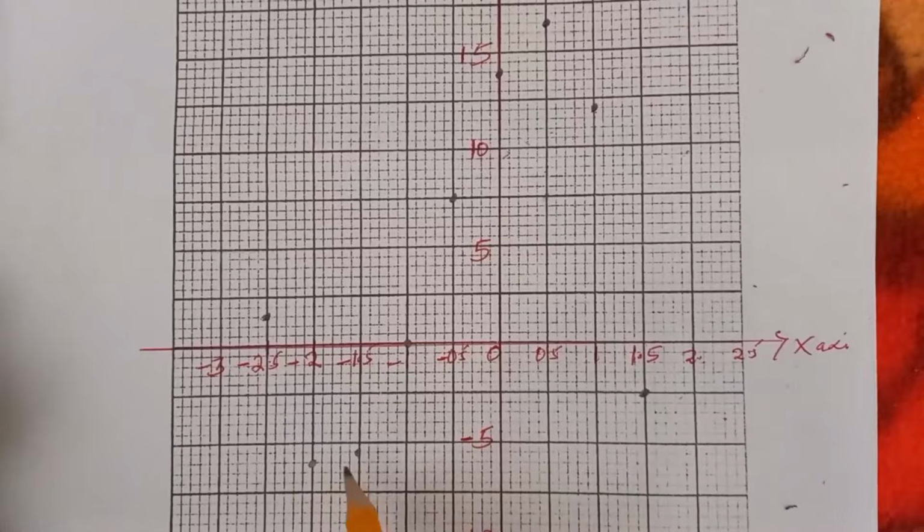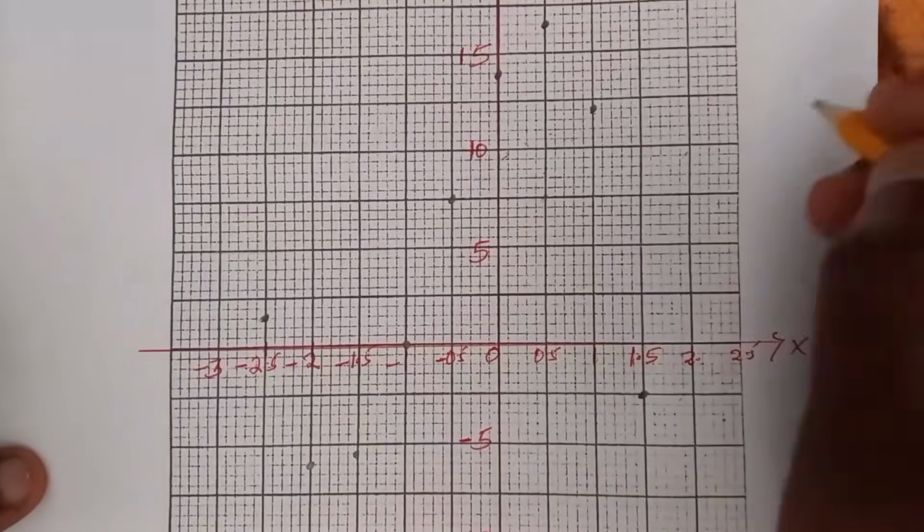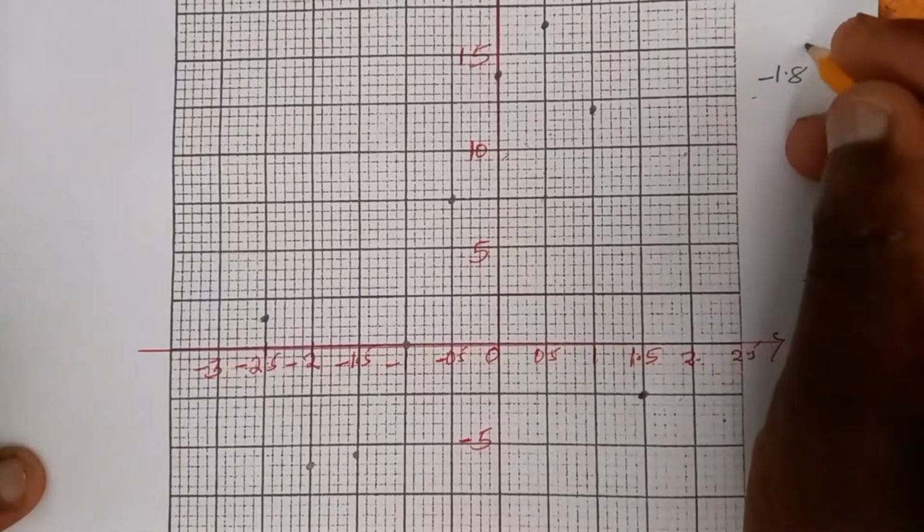The only thing I can do when I look at these points is, at this point here, you can introduce another point, any point between negative 1.5 and negative 2. This will make it easier for you to draw a smooth curve. You can introduce negative 1.8.